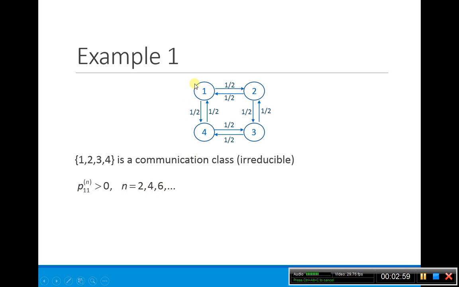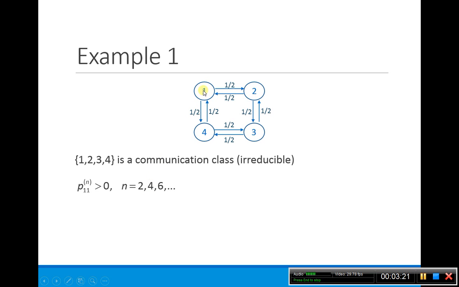So let's look at the diagram and see what this means. If I'm in state 1, how long does it take me to get back to state 1? Well, I could go to state 2 and then come back to state 1. So that would be n equals 2. I could go state 2, state 3, state 4, and back to state 1. So that's n equals 4.